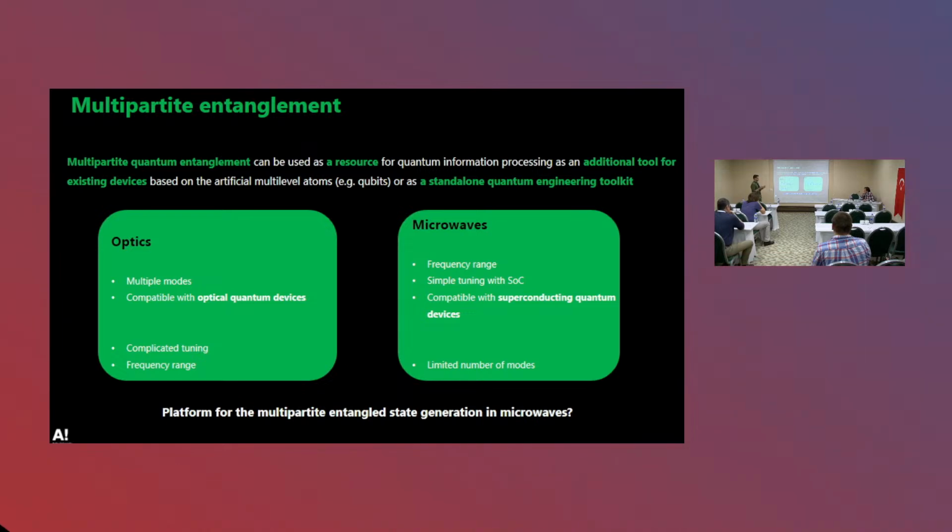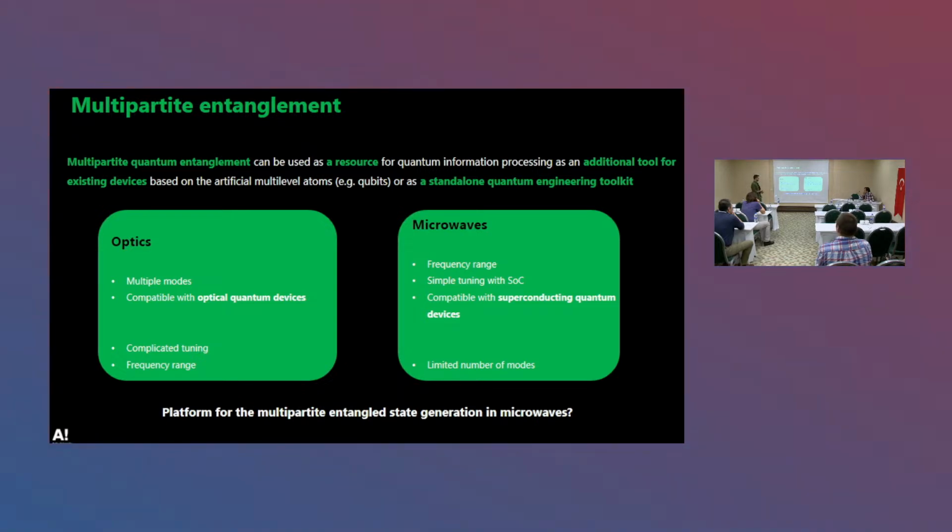Entangled microwaves are also a very promising tool. With microwaves, since your system is basically a system on a chip, only simple tuning may be required, and it is a nice platform. But of course, there are several engineering challenges, and now we have a limited number of modes, and all this has only started; it's an ongoing process.